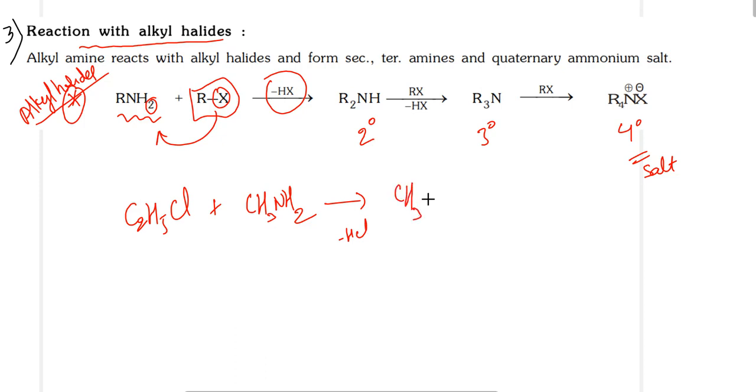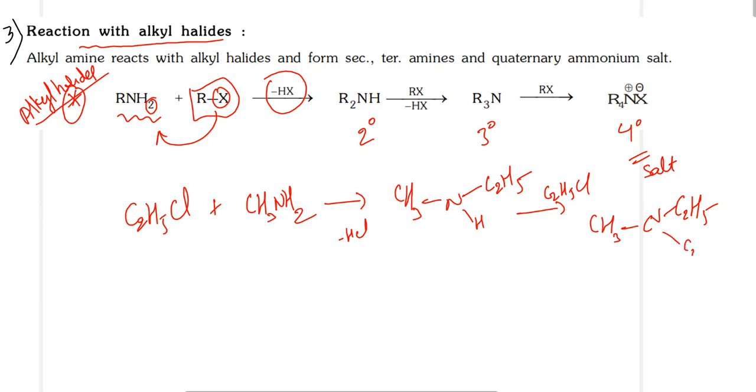Then on methyl nitrogen, one hydrogen is replaced by ethyl, and still one hydrogen remains. Then again it reacts with ethyl chloride: one methyl is there, two ethyl groups are substituted on nitrogen, and one more HCl is released.